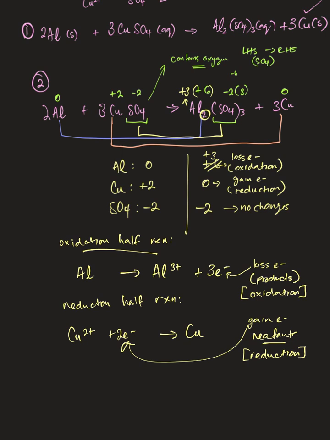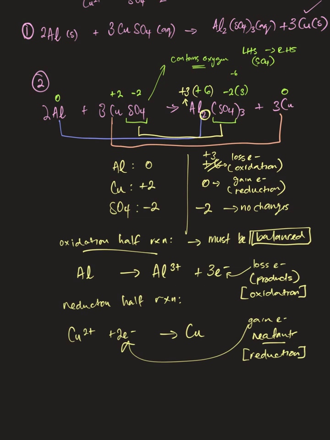My problem comes in that these reactions are not balanced, and half reactions must be balanced. What we mean by balanced, remember what I said. If my one reactant or my one atom is going to give electrons, the other one must be there to accept it.